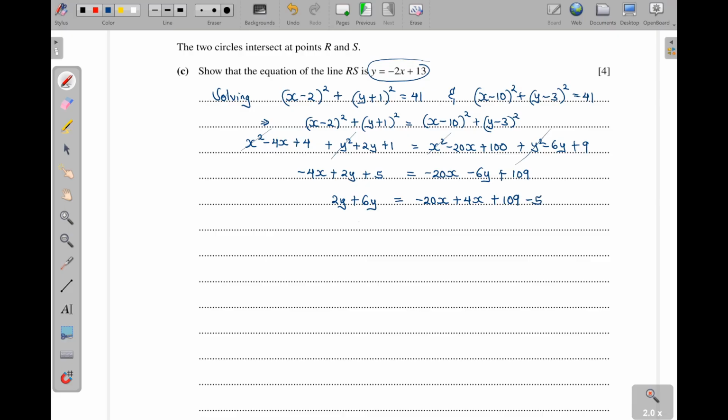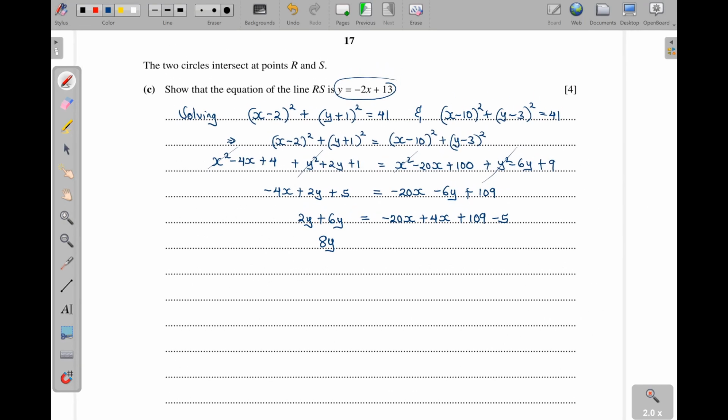So this gives us 8y equal to −16x + 104. Now we divide all through by 8.